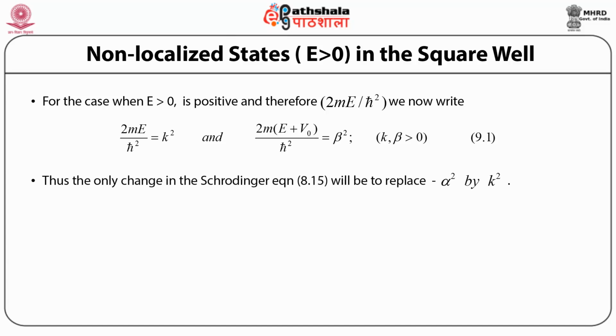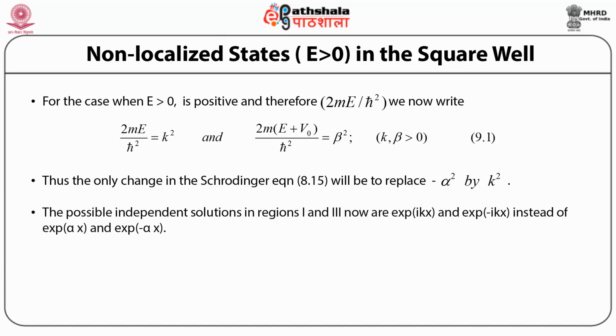Thus, the only change in the Schrödinger equation 15 represented in the previous module will be to replace minus alpha squared by k squared. The possible independent solutions in regions 1 and 3 now are given by exponential iota kx and exponential minus iota kx instead of exponential alpha x and exponential minus alpha x.